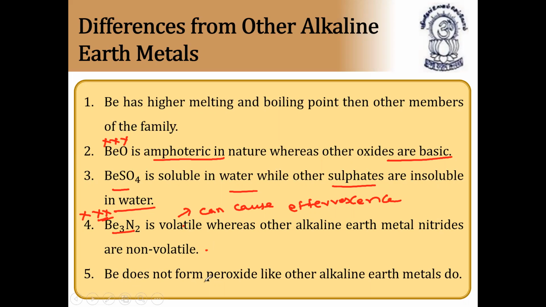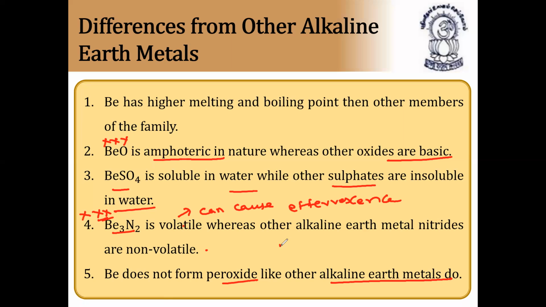But beryllium does not form peroxide like other alkaline earth metals do. Magnesium, calcium, strontium, and barium all form peroxides. Except beryllium, all other metals form their respective peroxides.